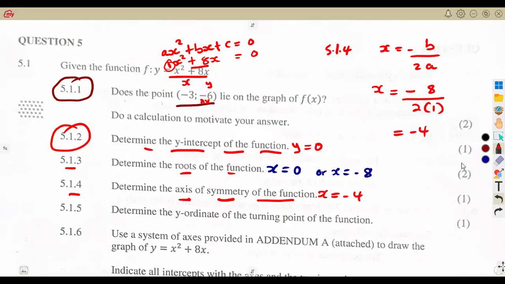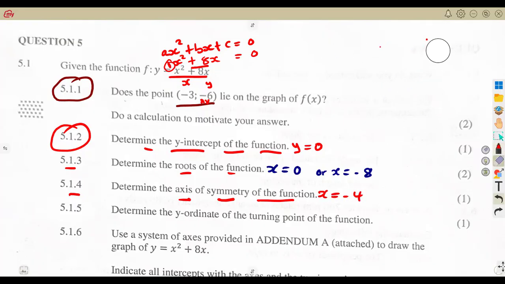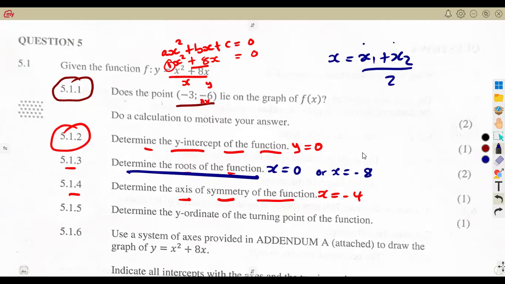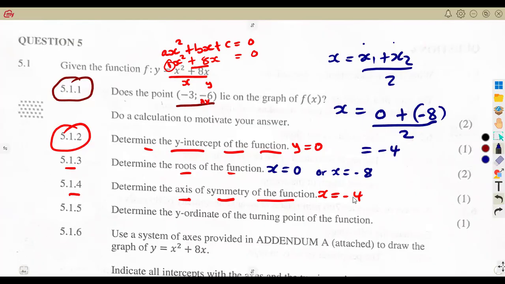Or you can simply use this concept. Remember, I said at the axis of symmetry, the value of x is equal to x1 plus x2 over 2, where x1 and x2 are the roots of the function. So taking 0 plus the other root, which is -8, divided by 2, you are going to obtain -4, the same value as what you obtained there.